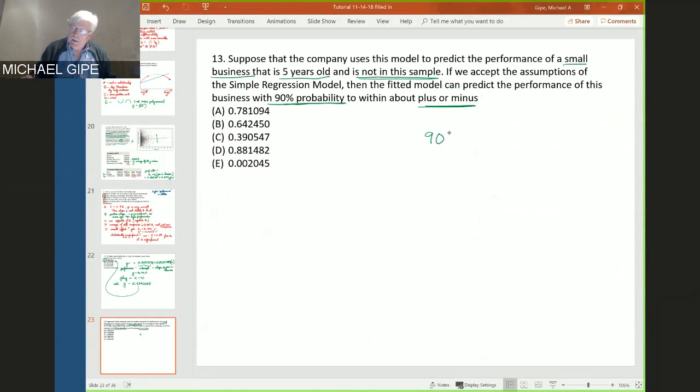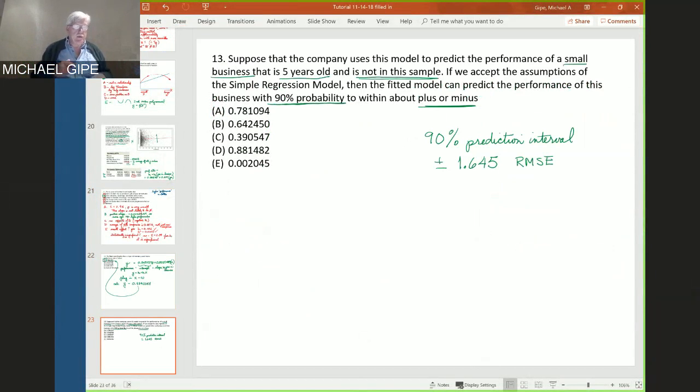We need a 90% prediction interval, and so that is basically plus or minus 1.645 standard deviations. But what's the standard deviation of the variability above and below the model?